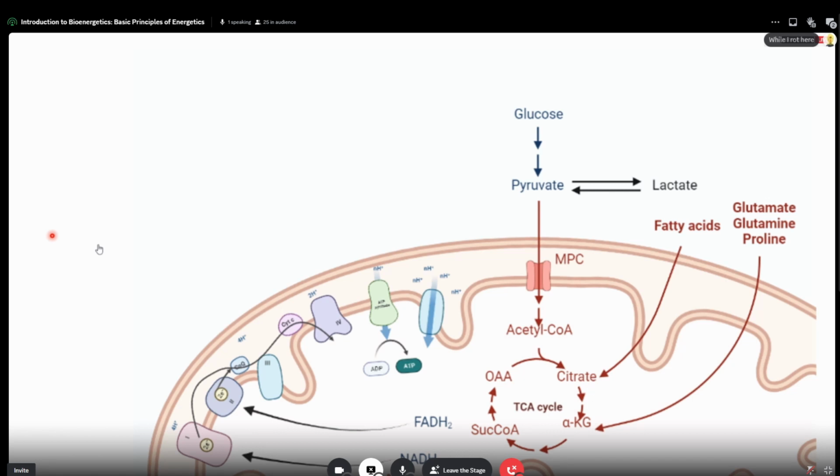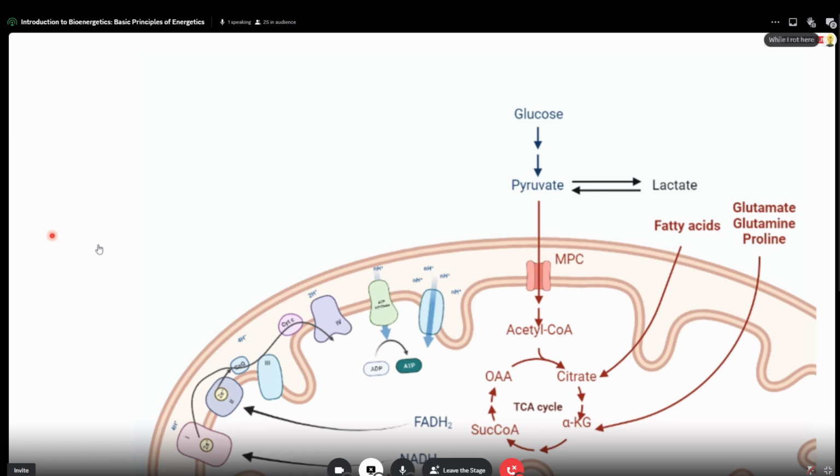You can have ROS production, so reactive oxygen species, which are basically damaging to the cell. These are oxygen radicals or other reactive oxygen species which can damage the cell in various ways. And finally, autophagy.